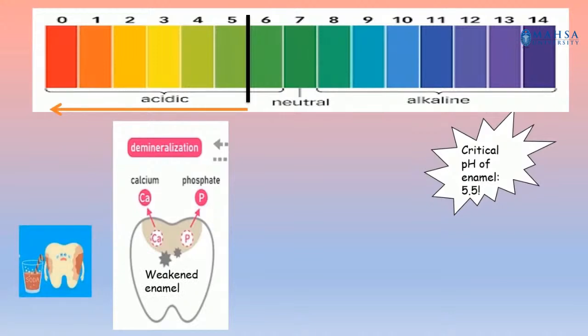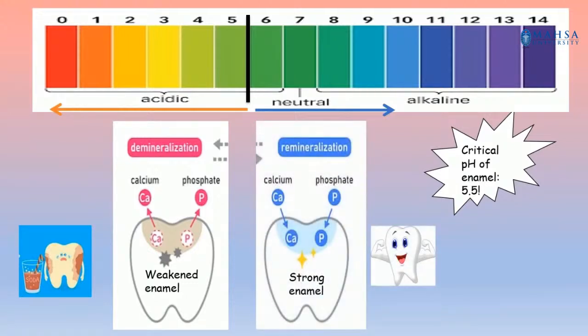On the other hand, when the pH value of our mouth is higher than 5.5, where the mouth environment is neutral or slightly alkaline, teeth will gain minerals and become strong. And this is called remineralization.